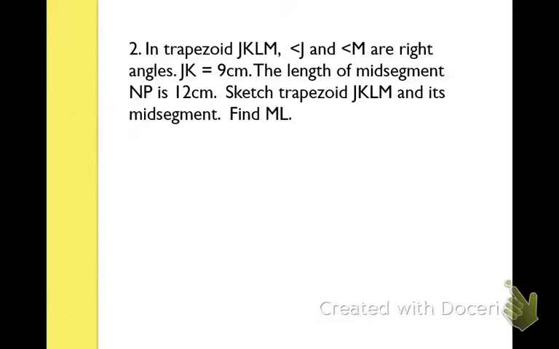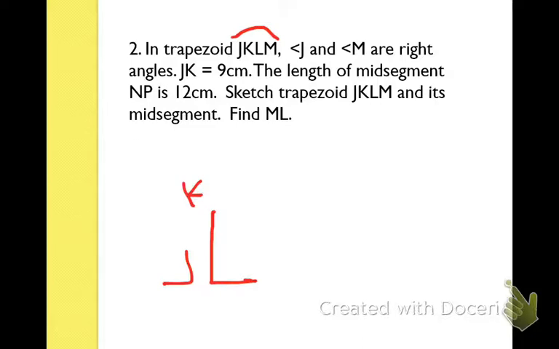Okay, so if we sketch this, we know J and M are right angles. So if we start with J, I would have a right angle there, right? And then as I go around, you go in order. We can go clockwise. J, this would be K. Well, let's see.